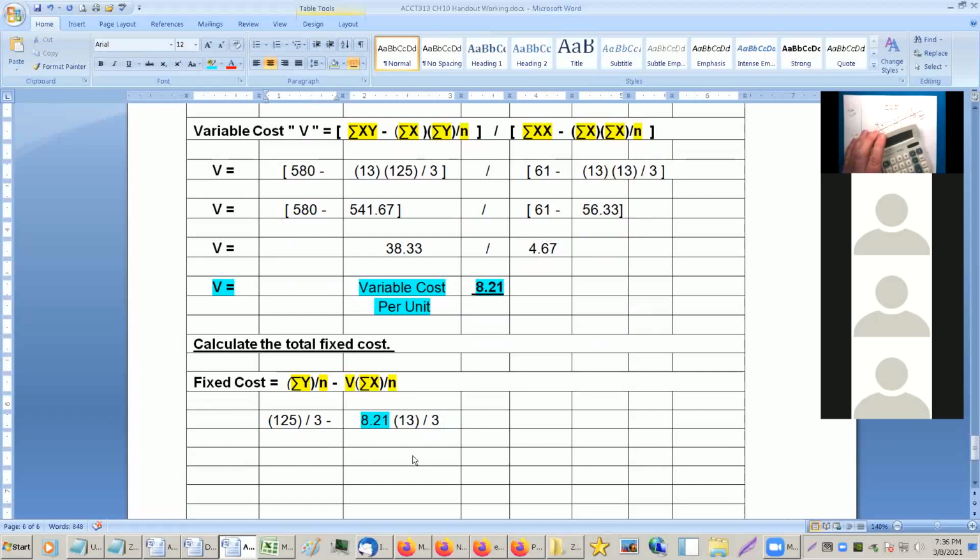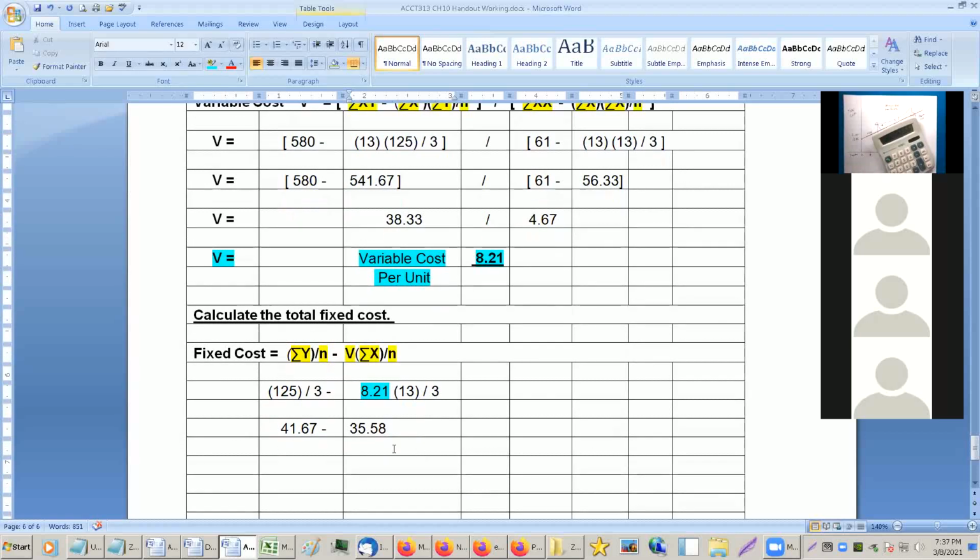Okay, so 8.21 times 13 equals that, divided by 3 equals 35.58.